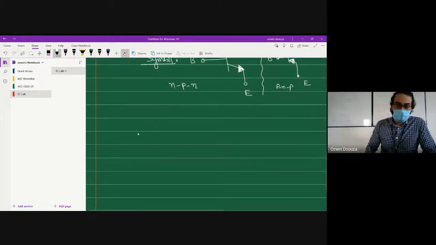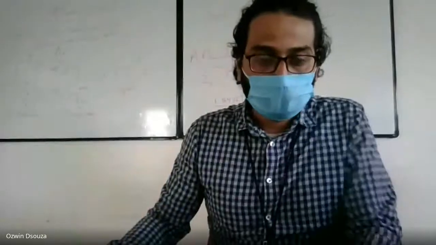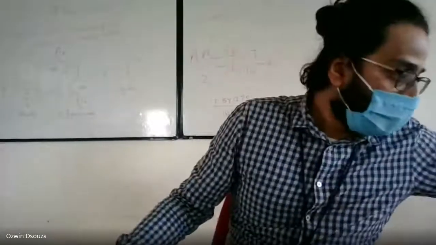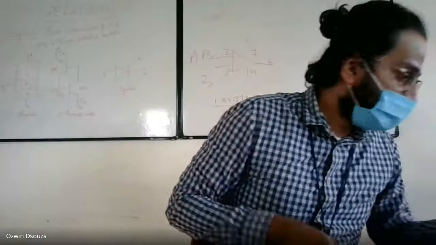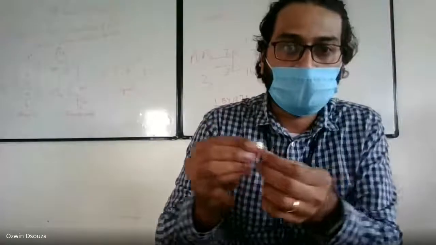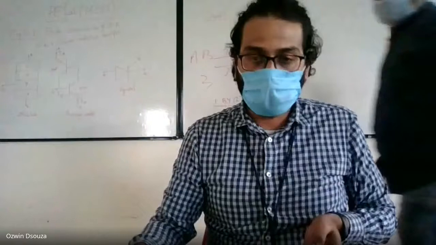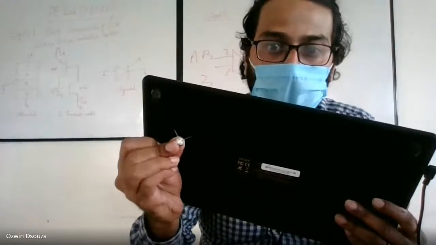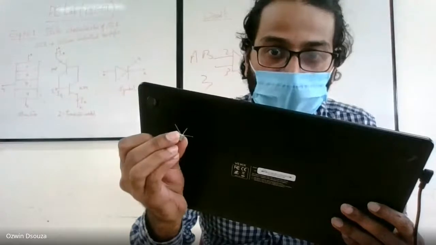The physical appearance. How is it going to be? Your transistor appears something like this. Bare transistor. It has three terminals. I'll just rotate it. You can see, okay, this is a better angle.